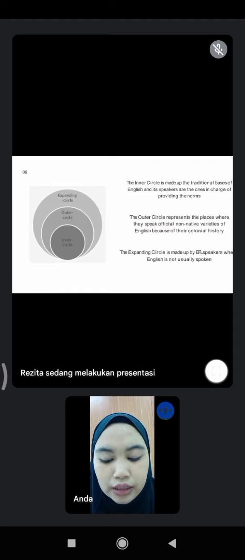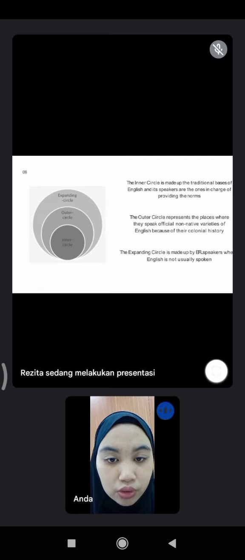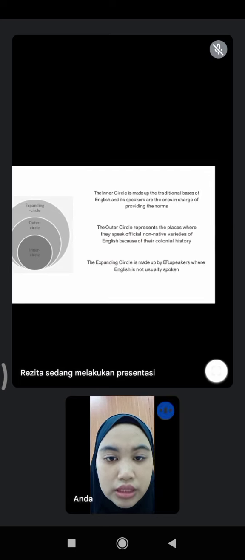Okay. Kachru made the concentric circles of English theory. The first is the inner circle. The second is the outer circle and the expanding circle. The inner circle is made up of the traditional bases of English, and its speakers are the ones in charge of providing norms.